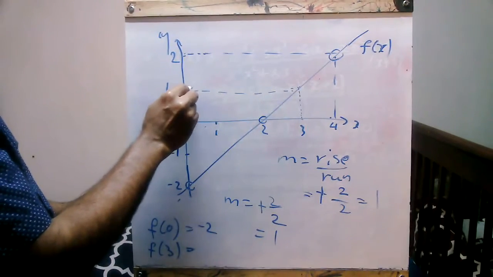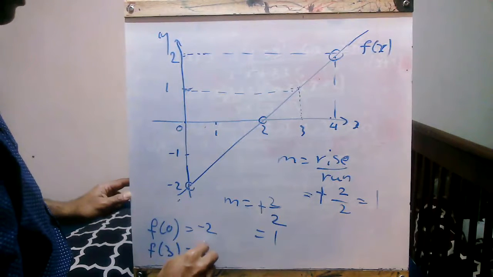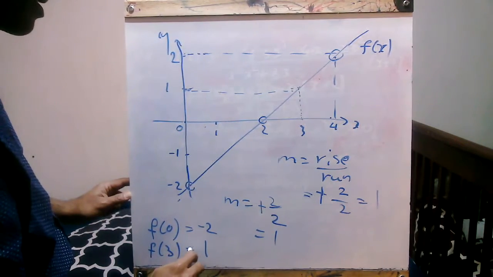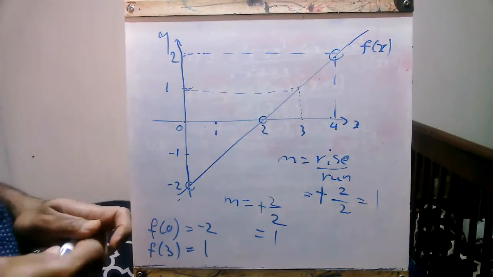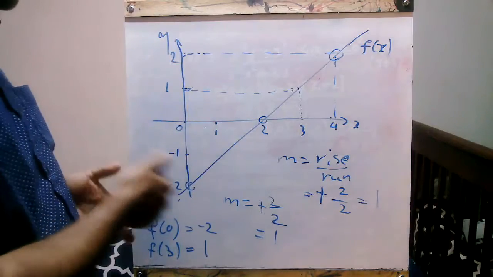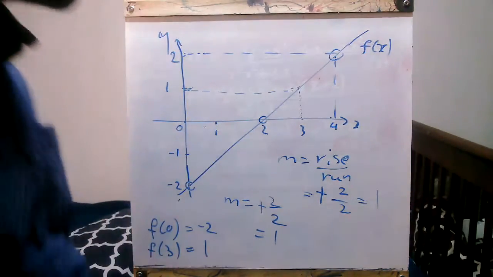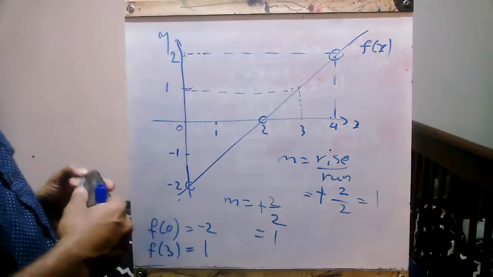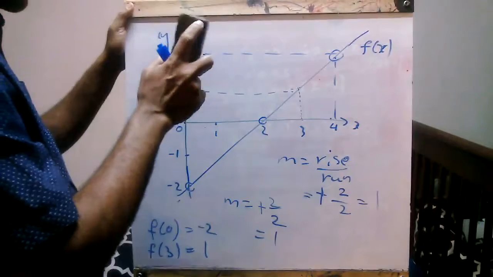This gives us the function value, which is 1, right? I just reminded you how to find the slope and the function value, because we need this for this example. Alright, let's go to the question.